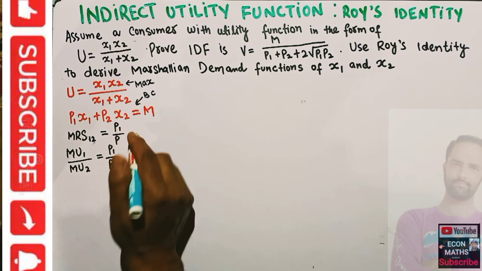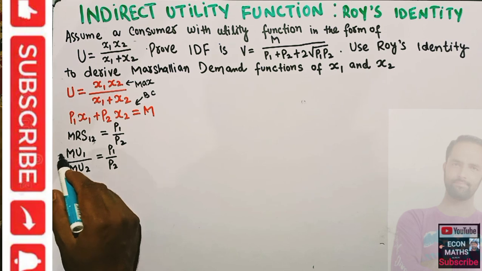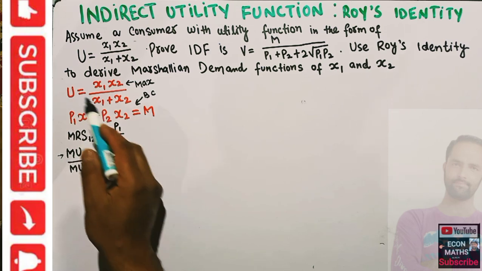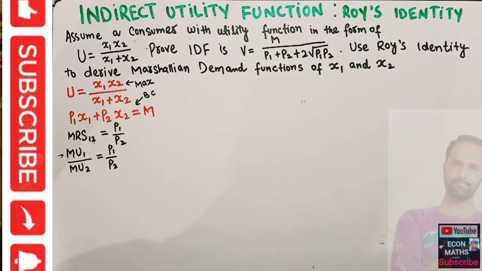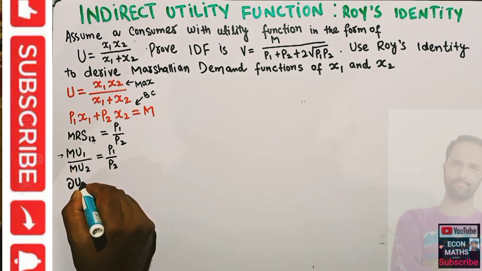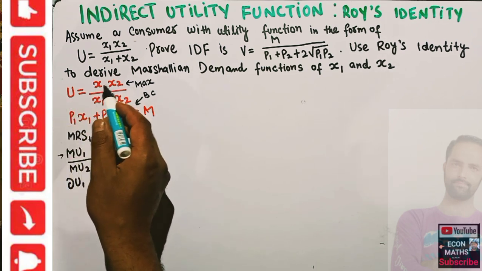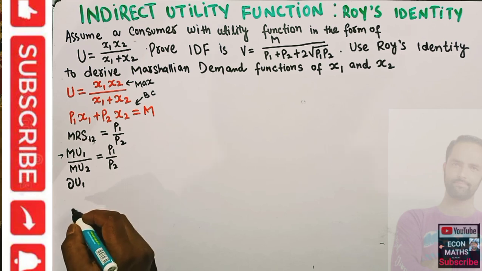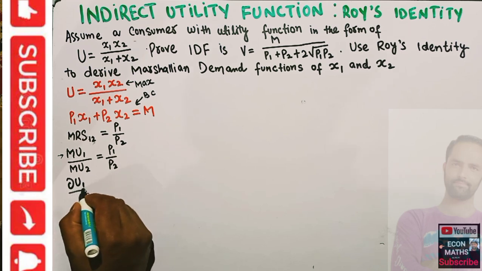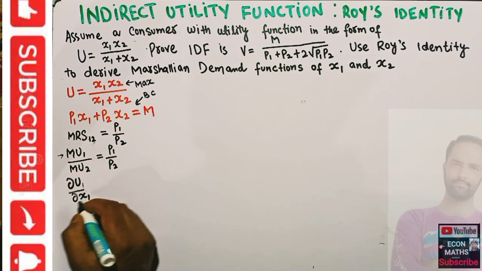Now the marginal utility of good x1 means partially differentiating our utility function with respect to x1, that is du upon dx1.